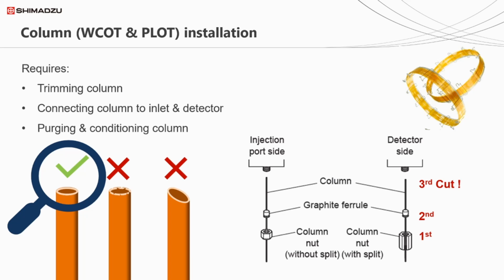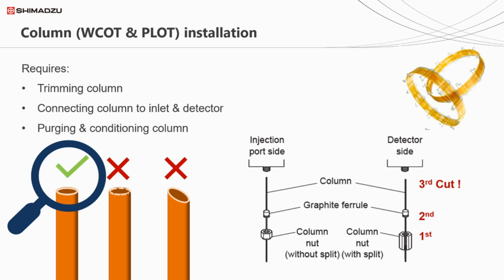To install the column, you must follow your GC manufacturer's instructions for the specific model of GC and specific inlet and detectors you're using. There will be specific measurements on how long the column needs to be above the ferrule. It is vital you have this information, as it determines where the tips of the column will sit inside the inlet and detector.